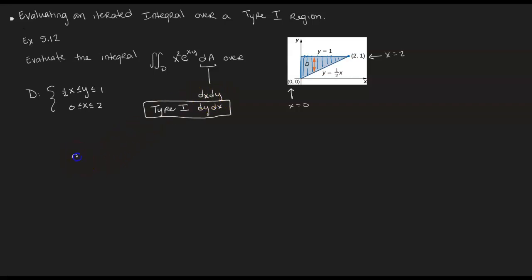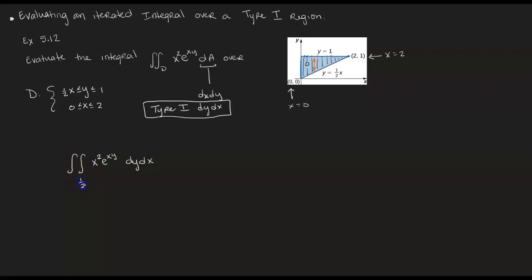So when we go to set up our double integral, we know that the function is x squared e to the xy. dA is stuck as dy dx because we're using a type 1 region. The dy is on the inside of our area increment, so the inner integral has the y bounds.